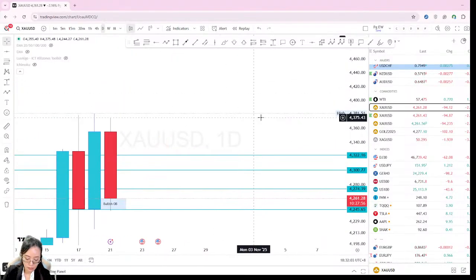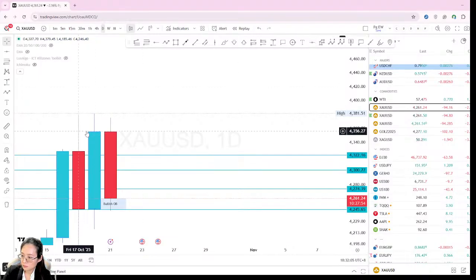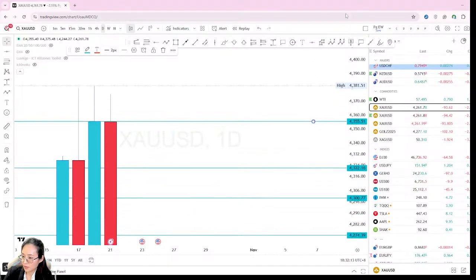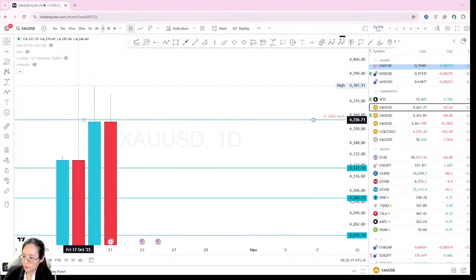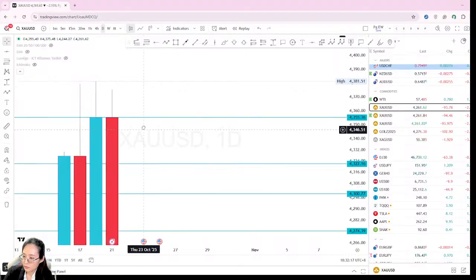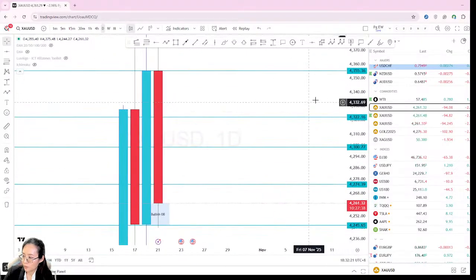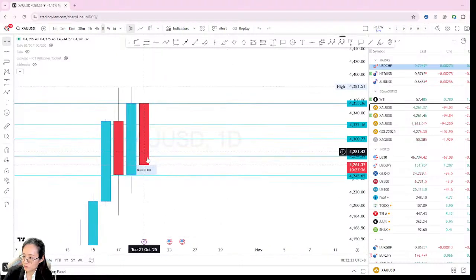Closing and opening are a similar price, almost the same. Let's just say similar, 43.55. This was the opening. No, this was the closing. This was the opening.